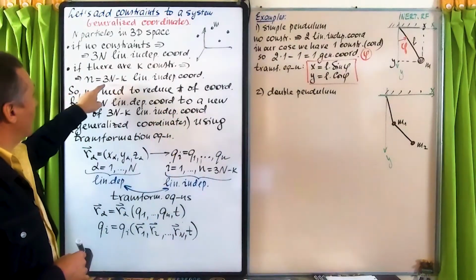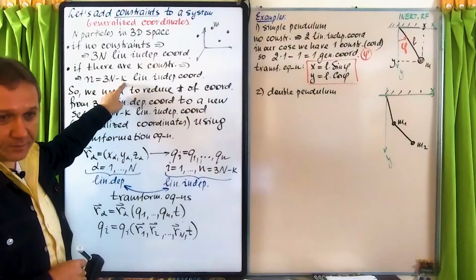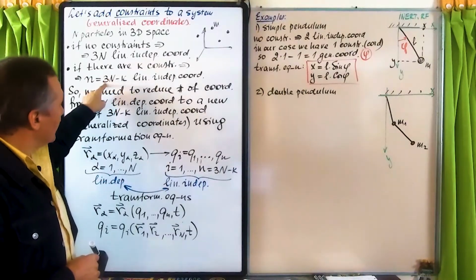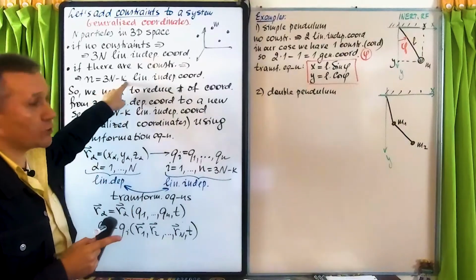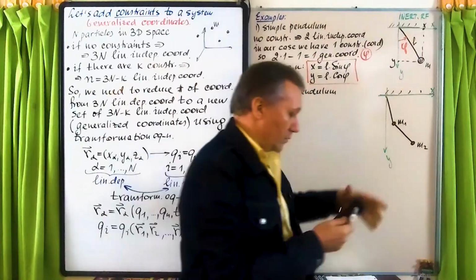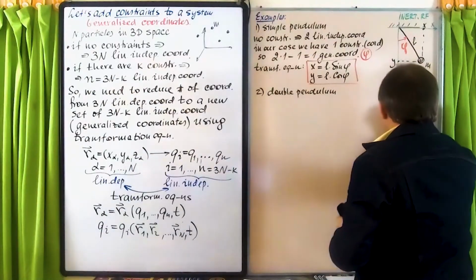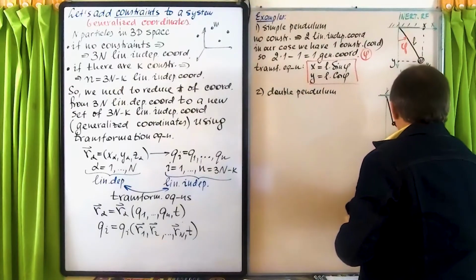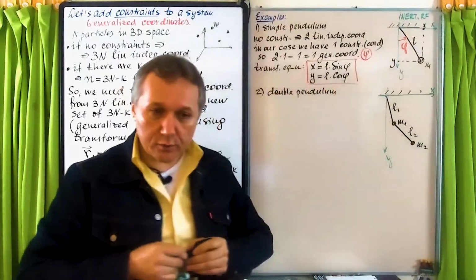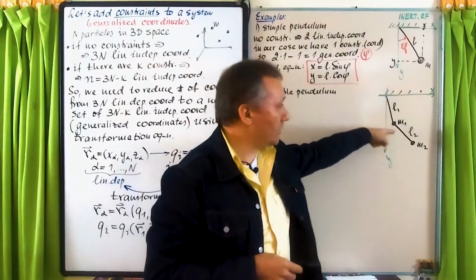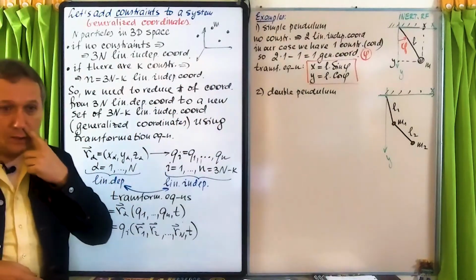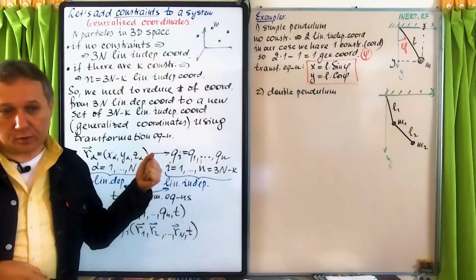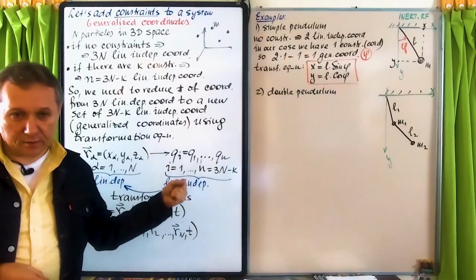In two-dimensional space, we'll have n times 2 minus k. Now we have two particles, and of course two constraints. This is L1 and this is L2. We have two constraints, this chord and that chord, which reduce the number of linearly independent coordinates.